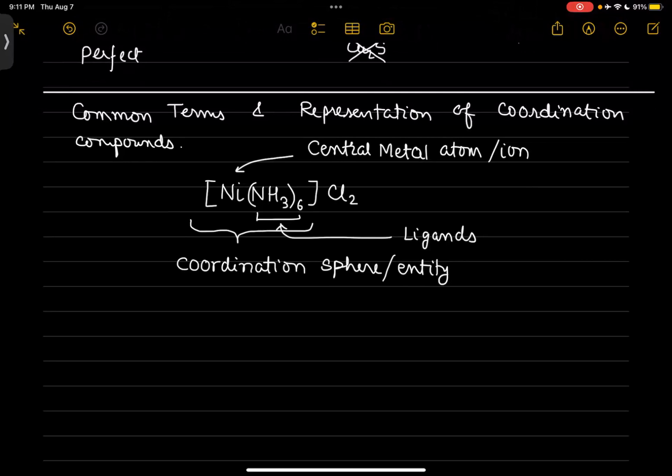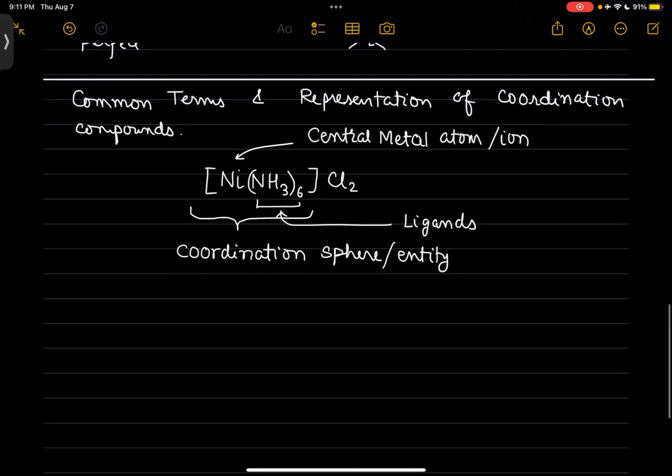Got it? So within the square bracket, what all things do you have? Aisha, Marwa, Jasleen, tell me what all things you have in the square bracket.